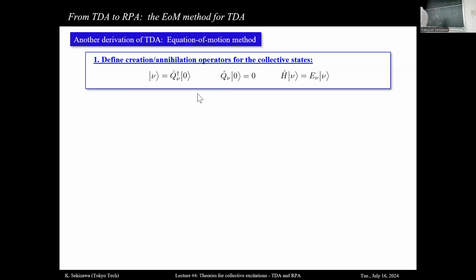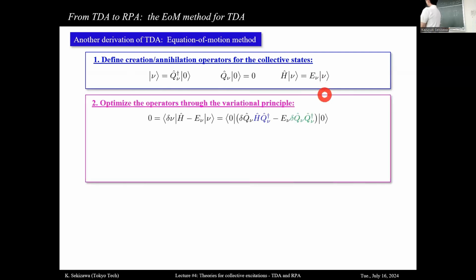So this Q dagger is a creation operator, and by operating this Q dagger onto the vacuum state, we have this collective state nu. And it satisfies this equation, where E nu is the correct excitation energy. And we optimize this operator through the variation principle.